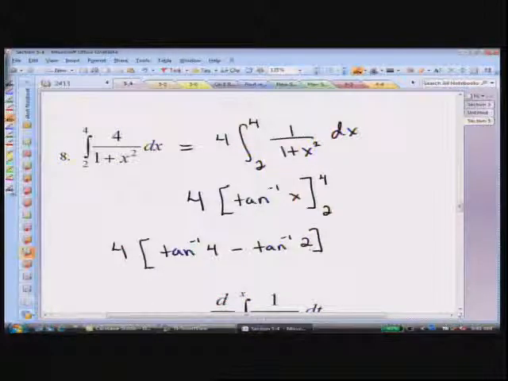You can evaluate that with your calculator, but that's all it is there. There's nothing pretty. The inverse tangent of 1 is pretty because that's pi over 4. But we don't know the inverse tangent specifically of 4 or 2. So again, you're like, well, how does my calculator know? And again, you're saying, because I have to learn Cal 2.